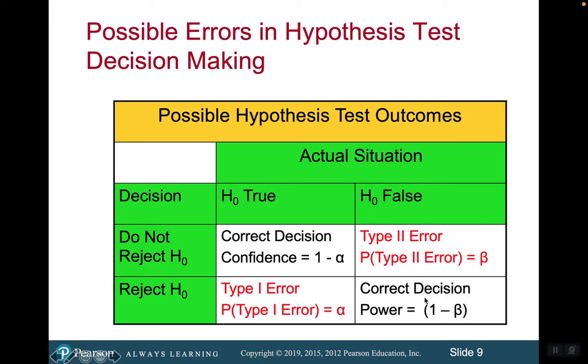And then for our type 2 error, basically we do 1 minus the probability of a type 2 error. You read this as either we don't reject it or we reject it. We assume it's true.